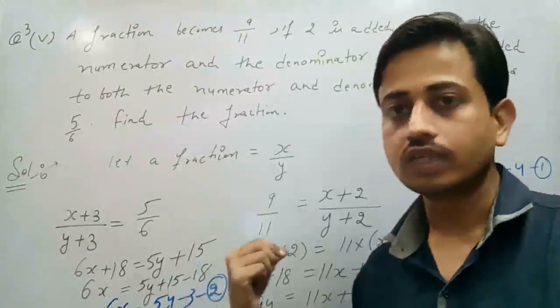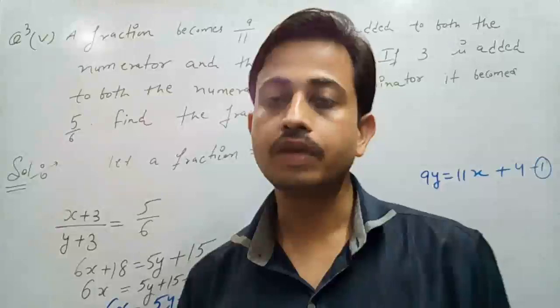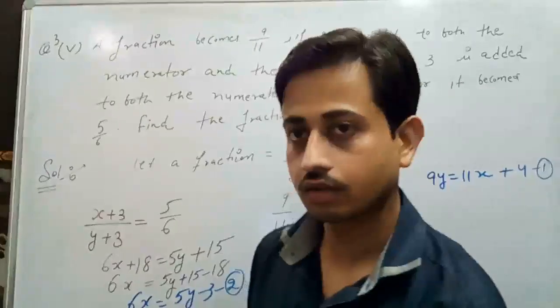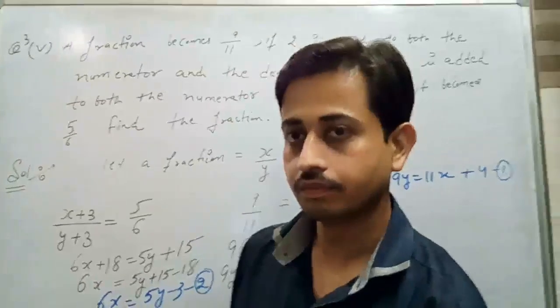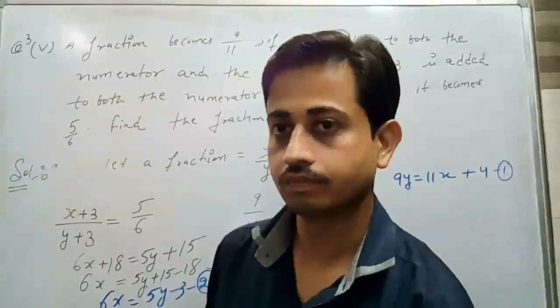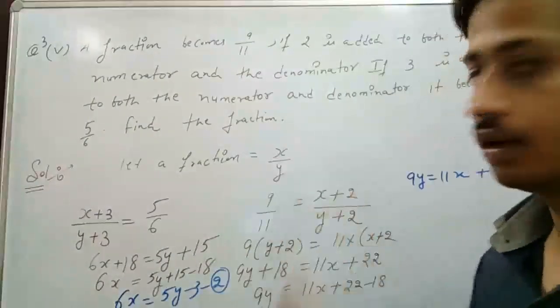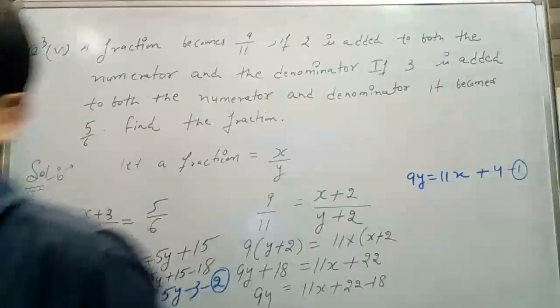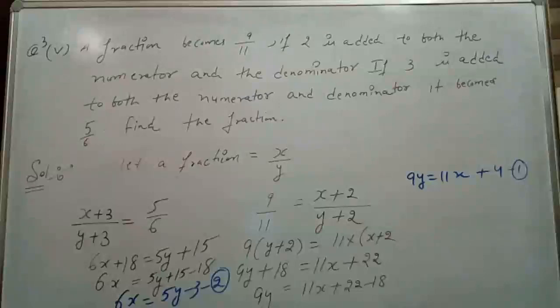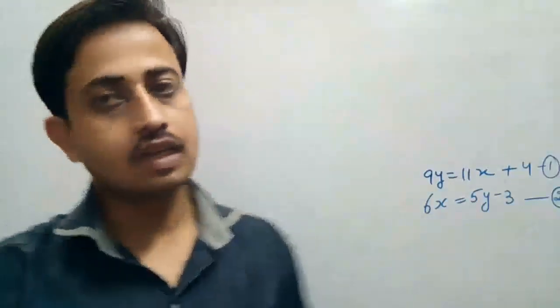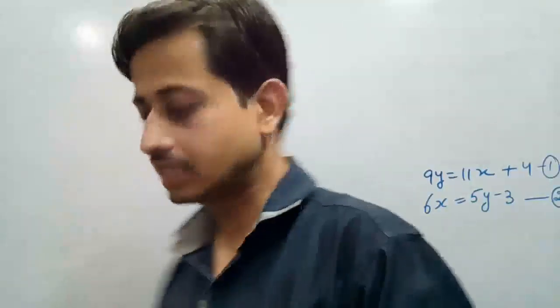I hope you understand this. Please make a note. I hope it is clearly visible. Now these are the 2 equations, and now we have to do the same steps.